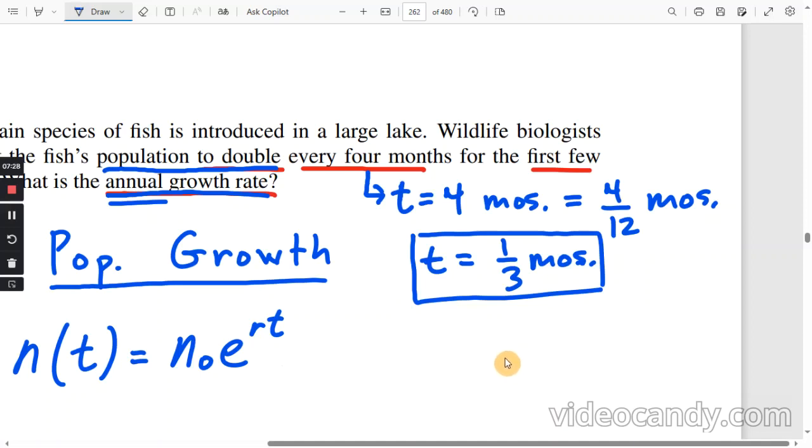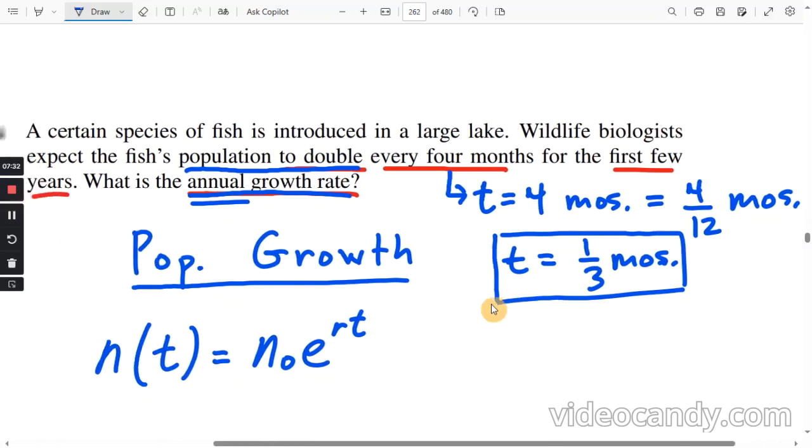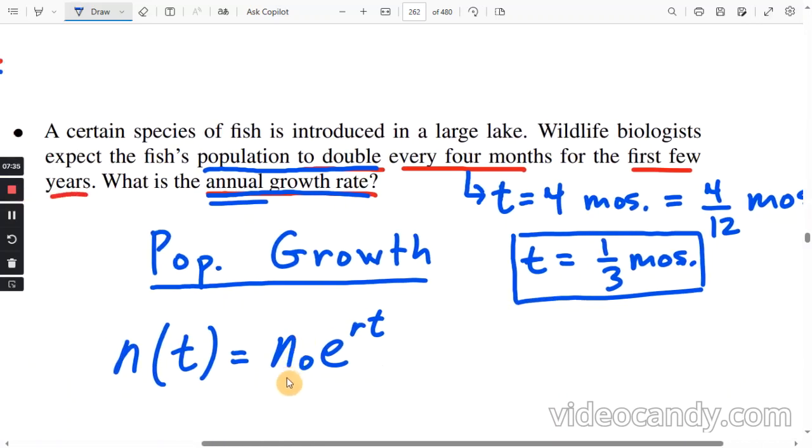Now let's see, anything else? We don't have a starting population or a finishing population. So we don't know where it starts, but N sub 0 is just going to be left alone. We're going to leave N sub 0 as N sub 0. But in 4 months, the population doubles.